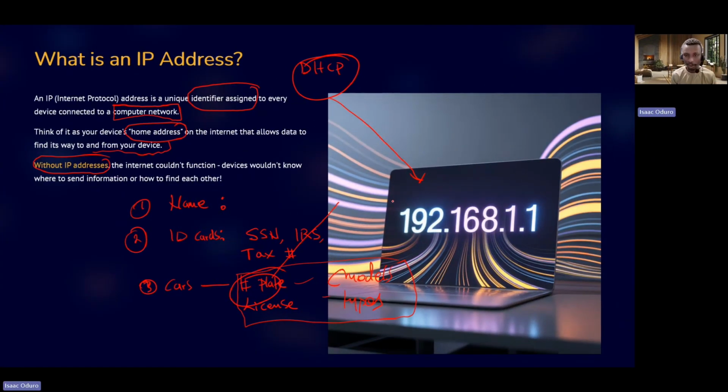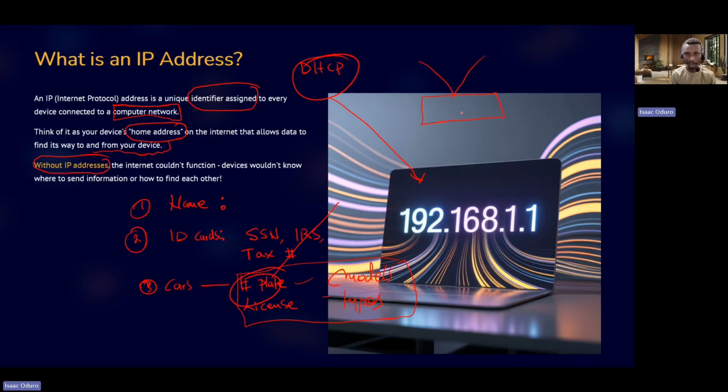A lot of devices are in your home, your local area network, that share resources. If you want to send a file to your laptop, how is your phone able to identify your laptop on the local area network, which you have your router in your own home? So this is your router in your house.